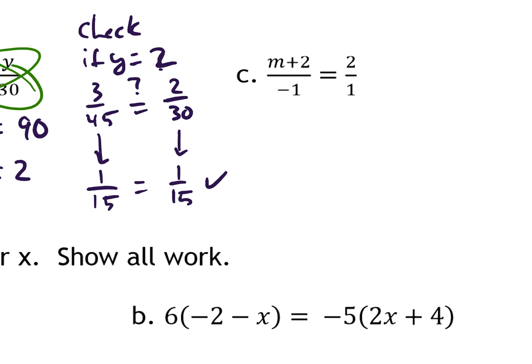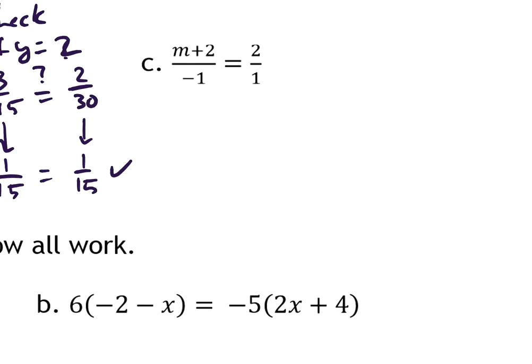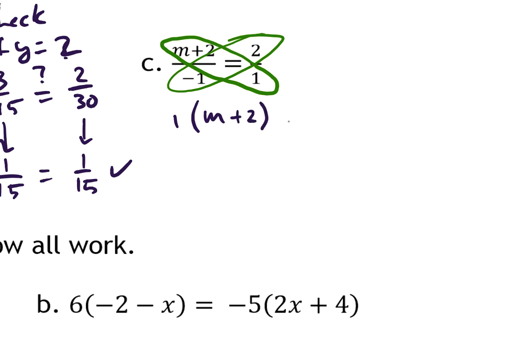And then finally, C looks a little different because this is the first time that I see a binomial in one of my parts, right? So one of the diagonals is, of course, -1 times 2. The other one is 1 times the quantity of m plus 2. So I write it like this: 1 times the quantity of m plus 2 equals -1 times 2, the other diagonal, which is -2.